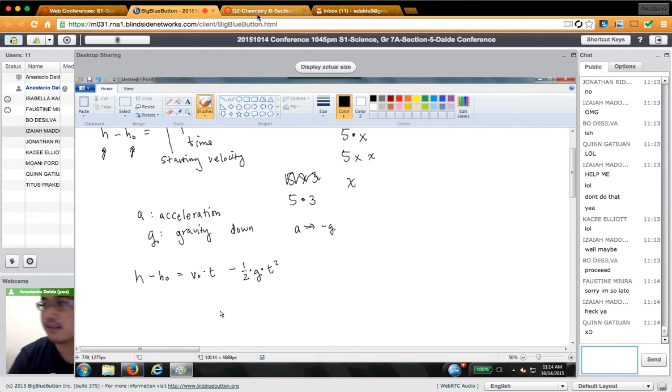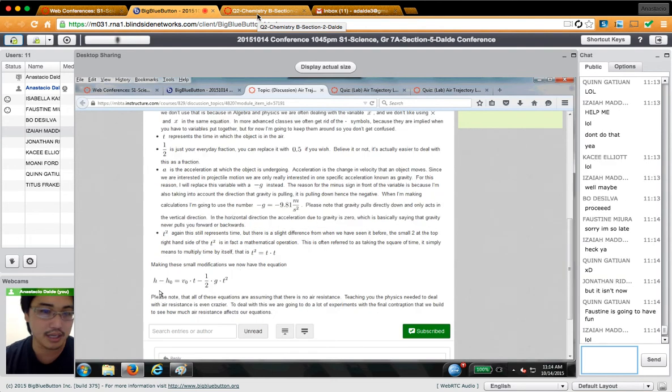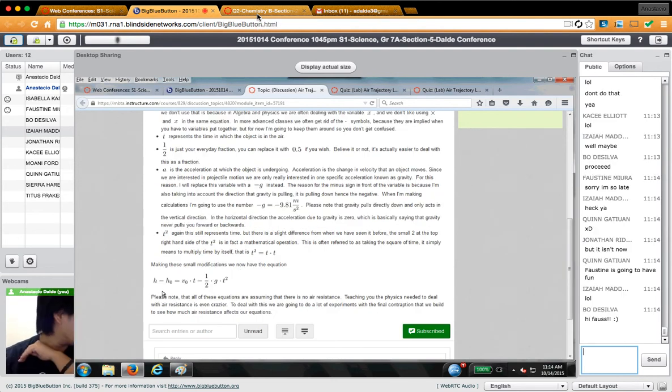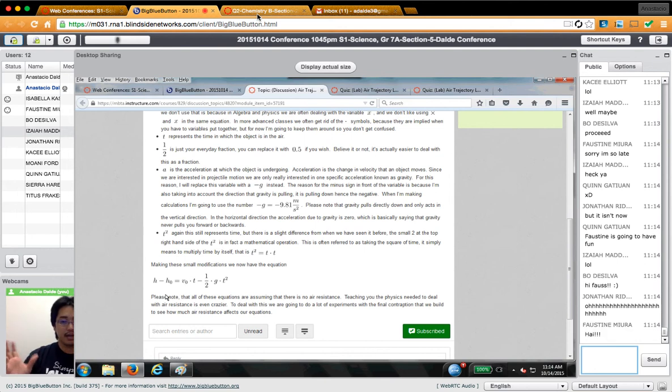So check this out. We're going to start applying this equation. So that's all of the background. Everything I discussed is actually in your class. It's all right here. And look, that last final equation I wrote is right there: h minus h naught equals v naught t minus 1/2 g t squared. Please note that all of the physics that we're going to be doing now is disregarding air resistance.